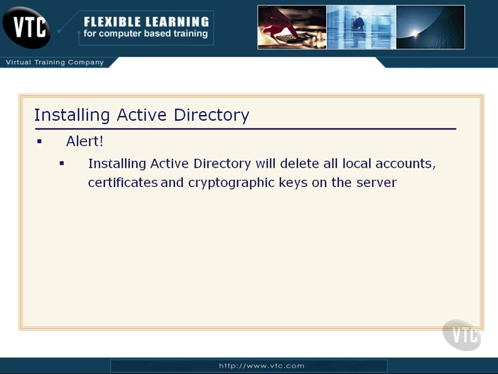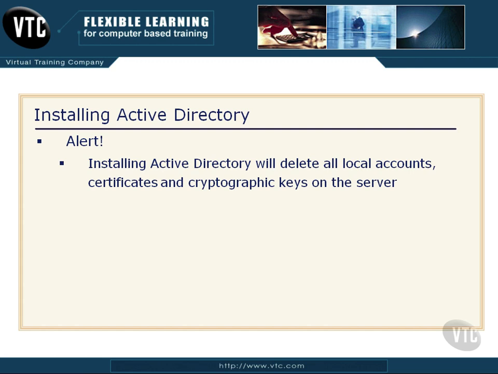Now let me give you an alert for the exam and for the real world. When you install Active Directory, keep in mind you're going to first install Windows Server 2012 on a server, and at that point you have what's called a standalone server. Installing Active Directory and promoting it to a domain controller will delete all local accounts, certificates, cryptographic keys, all that stuff on that server.